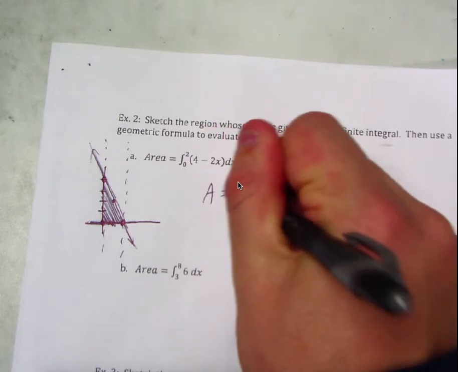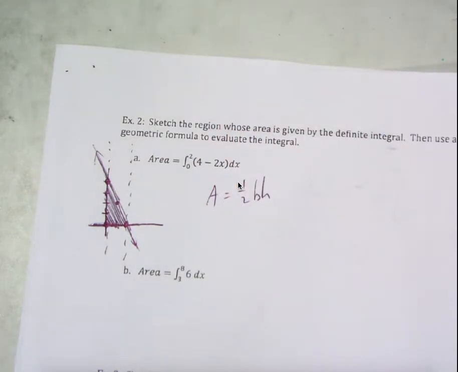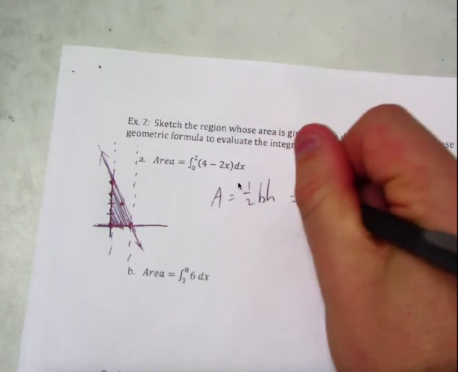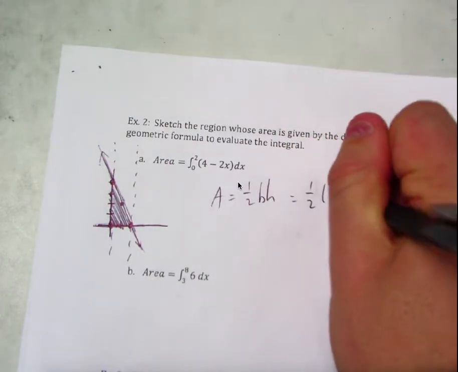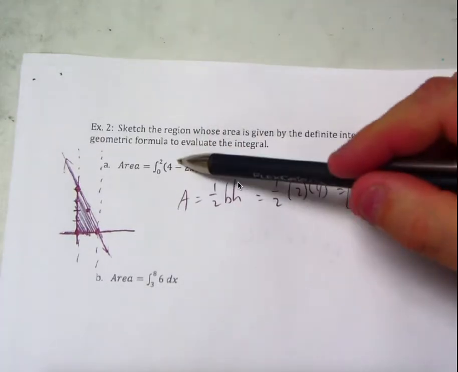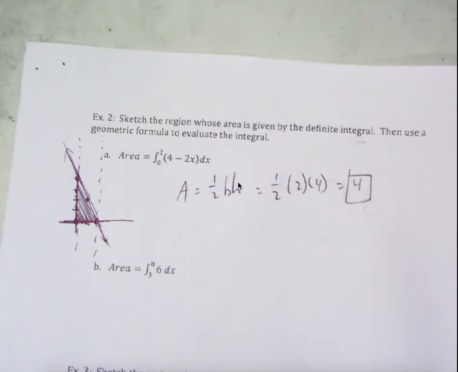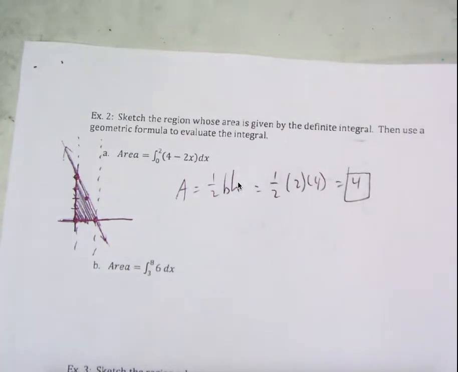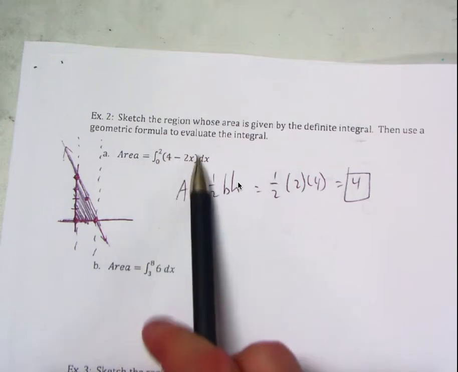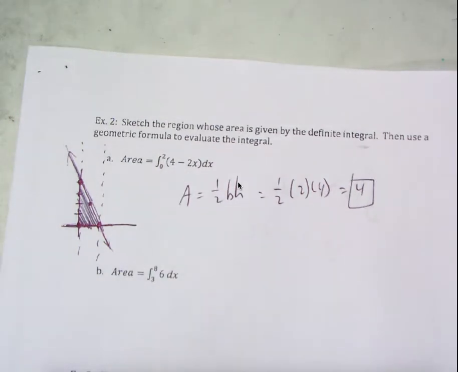It's 1/2 base times height. Our base is 2. Our height is 4. So 1/2 times 2 times 4 is 4. So this definite integral would equal 4. That's just the area of that triangle. But again, we'll learn analytically or algebraically how we go about doing this without graphing next class.